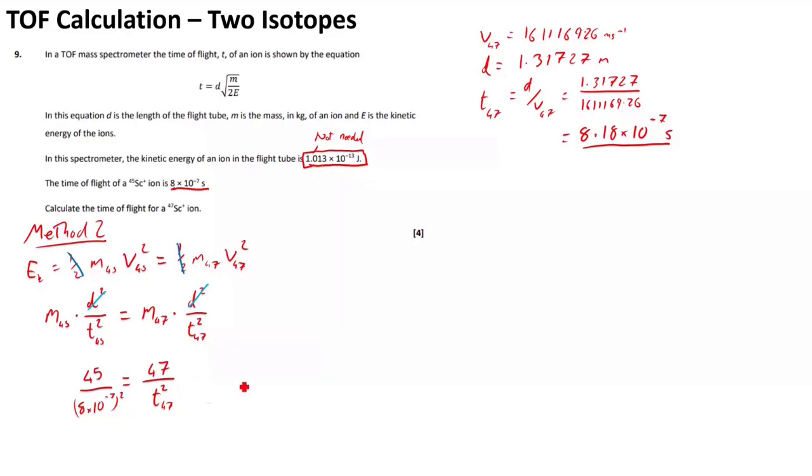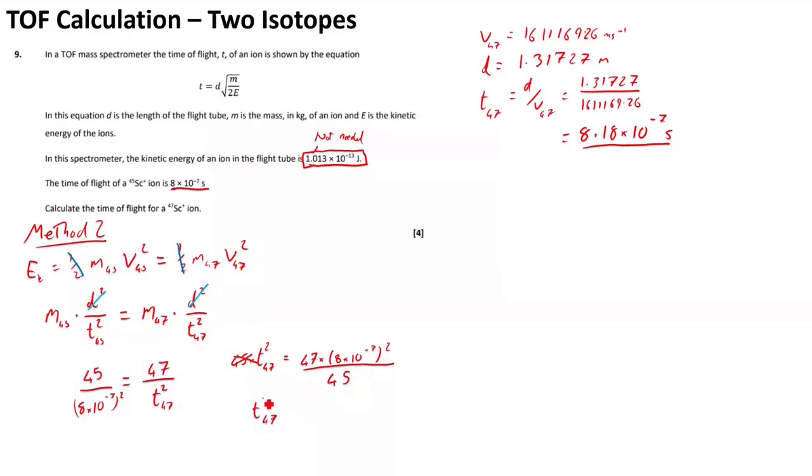So now we want to rearrange this. So I'm going to times both sides by the 8 times 10 to the minus 7 squared. So 47 times 8 times 10 to the minus 7 squared is going to equal 45, and I'm going to times both sides by time of 47 squared. And then I'm just going to divide both sides by 45 to get that.